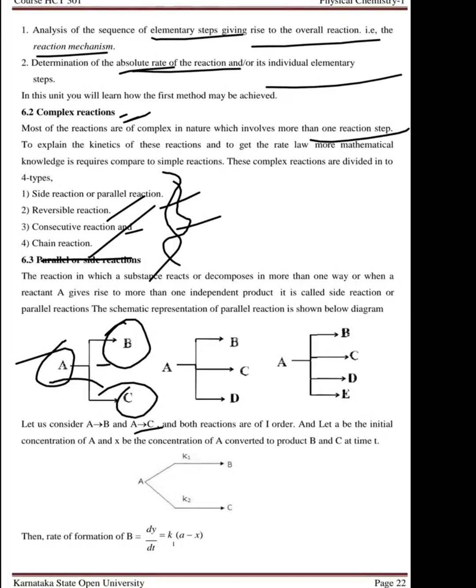Here, for forming the product B, the rate constant is K1, and for forming the product C, the rate constant is K2.